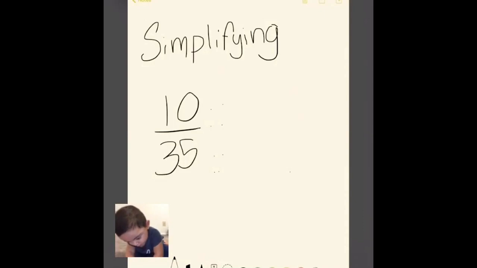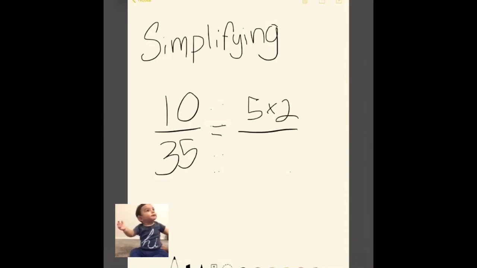Now, if you don't, you could write out the factors of 10 and 35. To make 10, I can do 5 times 2. To make 35, I can do 5 times 7.